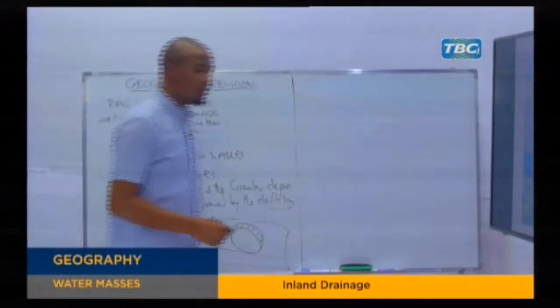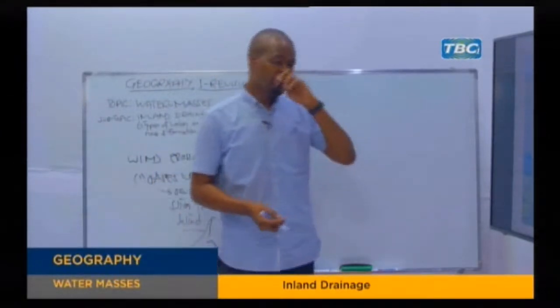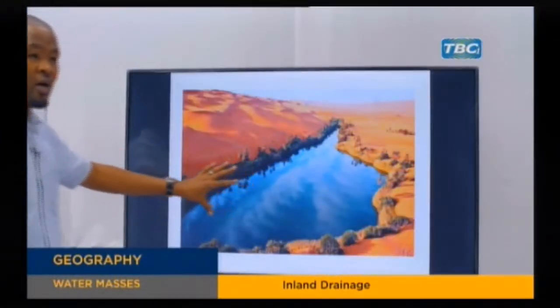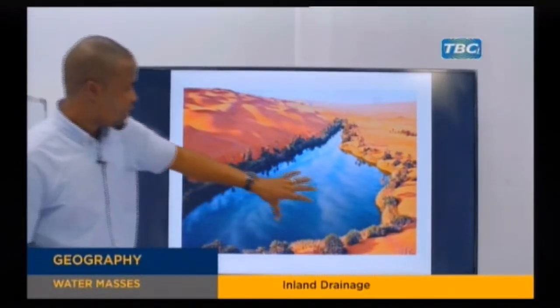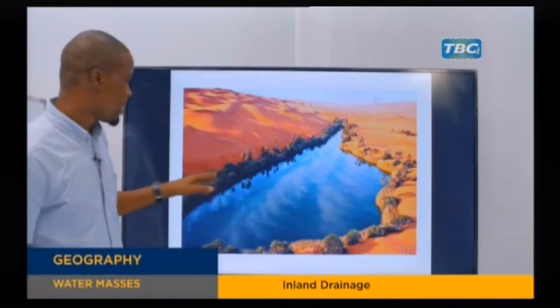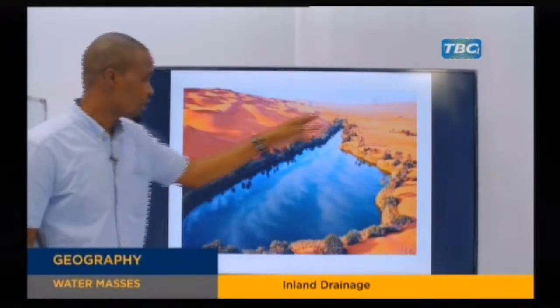So let's see an example of the image of the oasis lake. As you can see right here, that is this one. I'm sure you can see it very clearly. We have different palm trees around it.